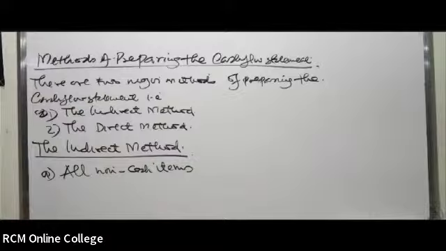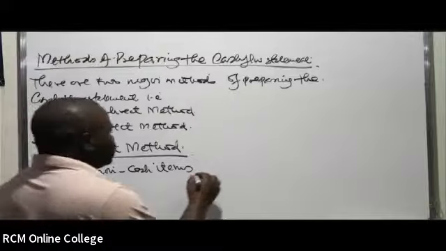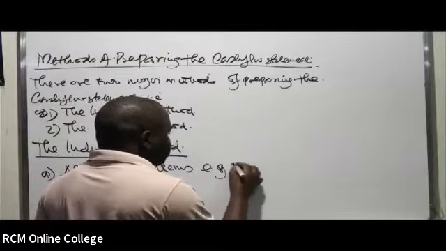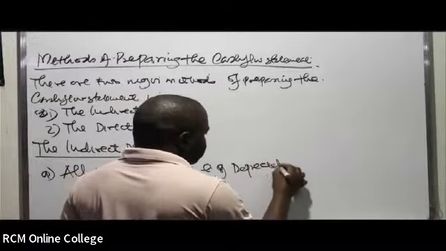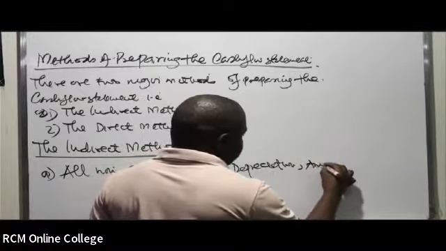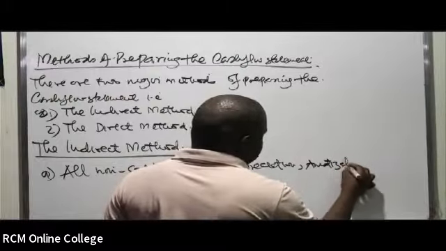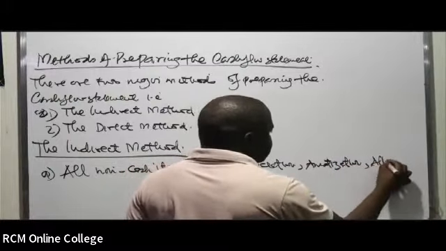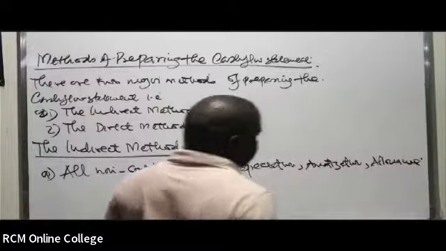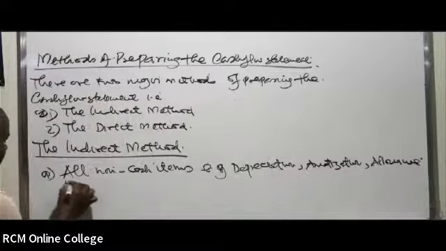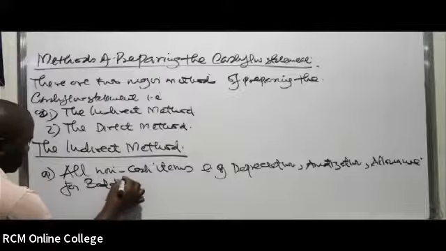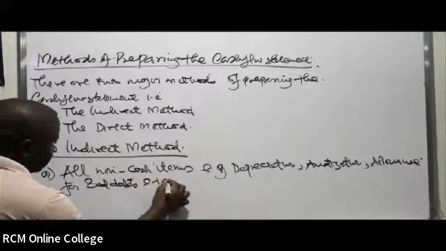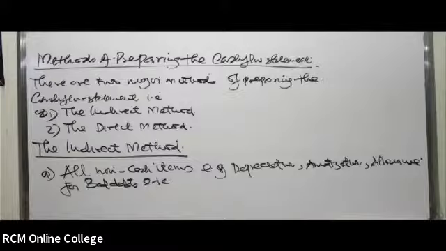Then on this profit before tax, you adjust all non-cash items, e.g., depreciation, amortization, allowance for bad debts, etc.